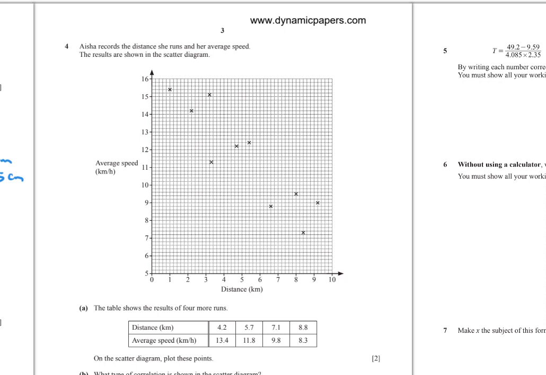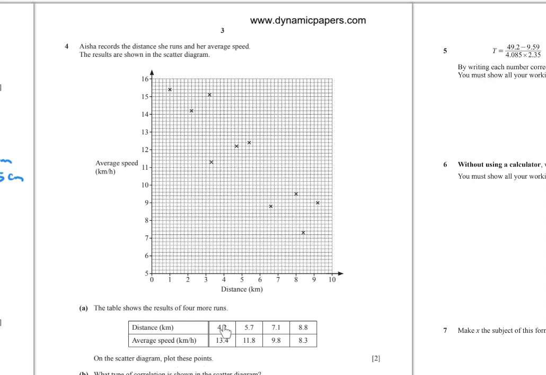Number 4, Aisha records the distance she runs and her average speed. The results are shown in a scatter diagram. The table shows the result of 4 more runs. On the scatter diagram, plot these points.